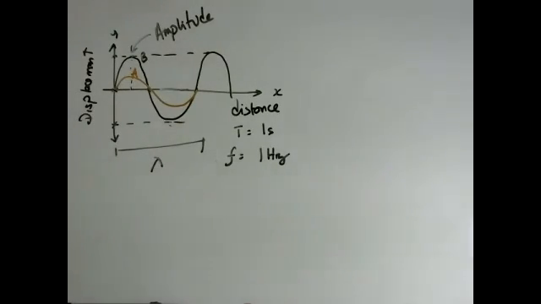Can you name one similarity and one difference between A and B? Anybody can answer. The wavelength is the same. Yeah. The wavelengths are the same, but their amplitude is not.